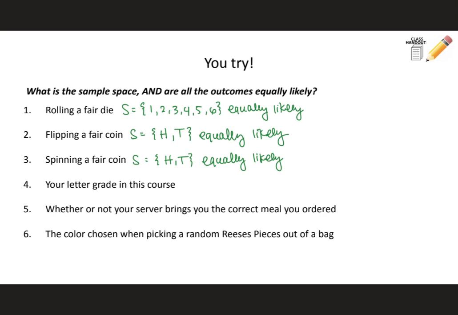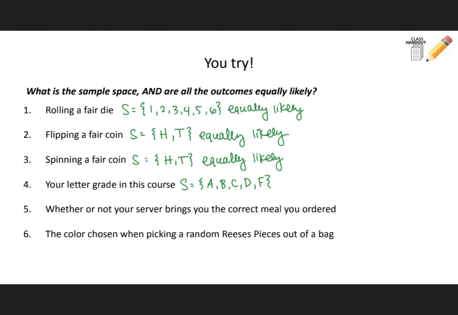Your letter grade in this course. So let's, for the sake of simplicity, ignore pluses and minuses. So the kind of grade you can get in the class, you can get an A, B, C, D, or an F. Sorry, my brackets are kind of messed up. And then we have to ask ourselves, are you as equally likely to get an A as you are a B?